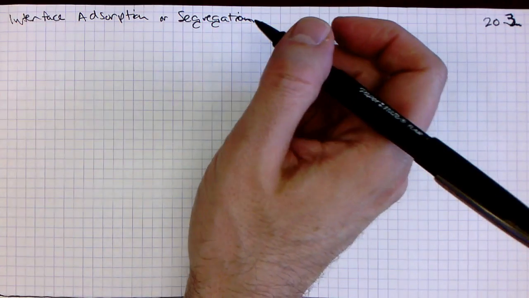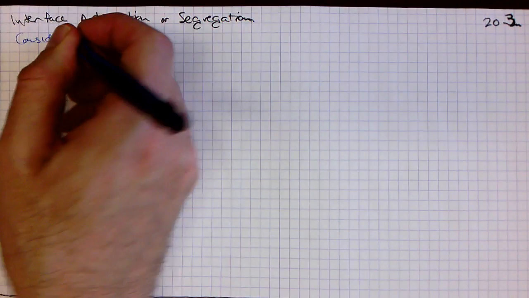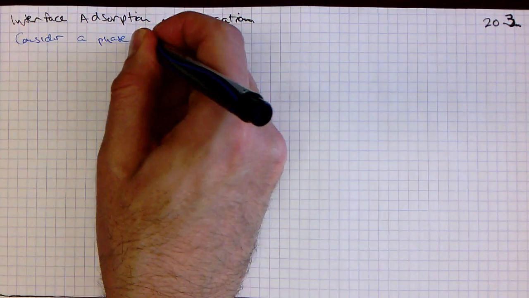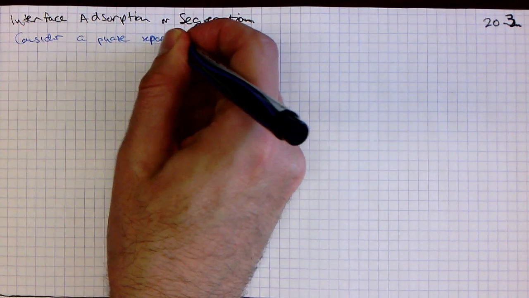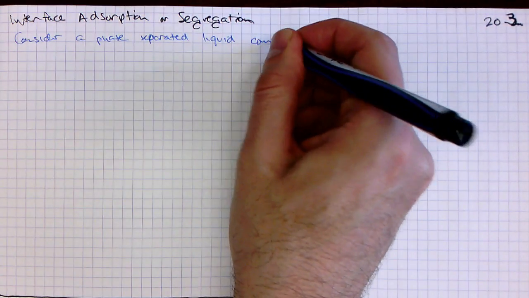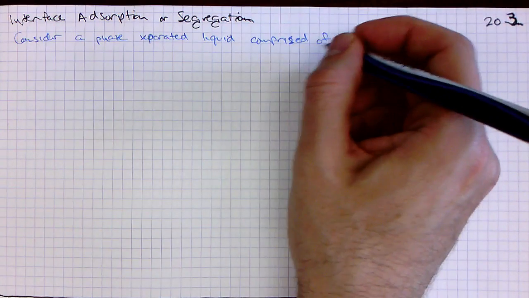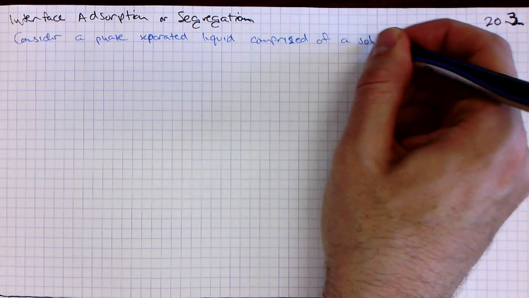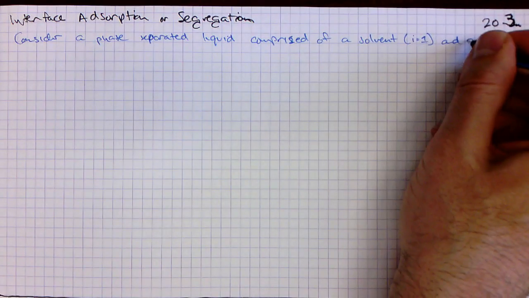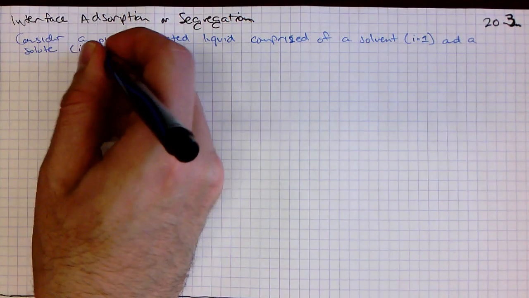So to understand this, let's consider a phase-separated liquid system comprised of a solvent, which will be species 1, and a solute, which will be species 2.